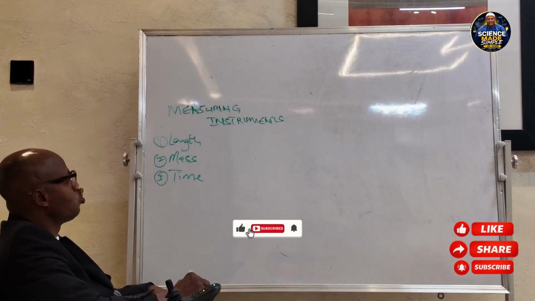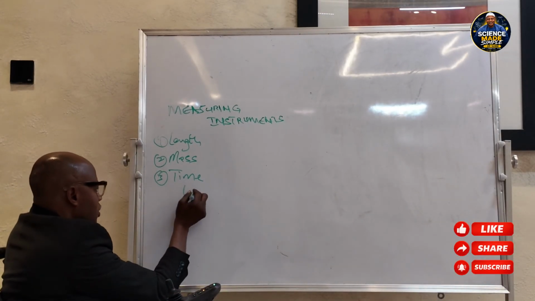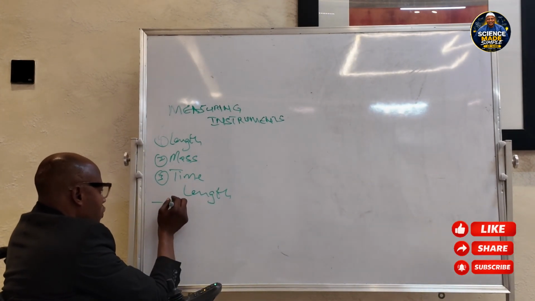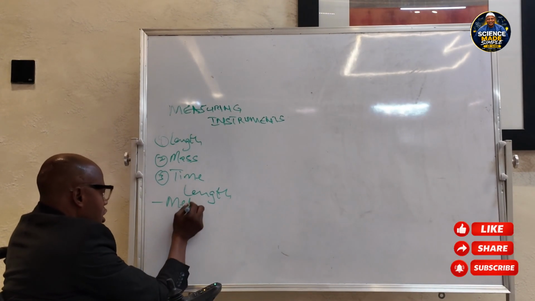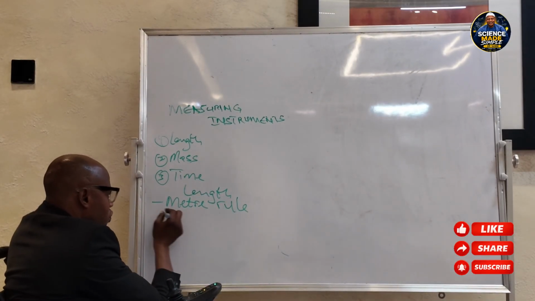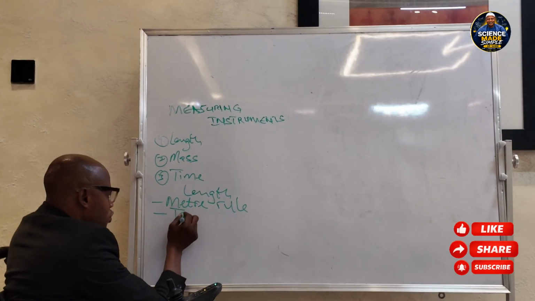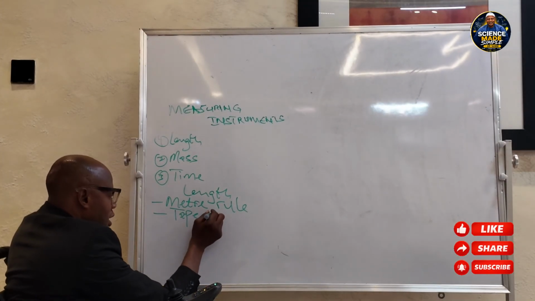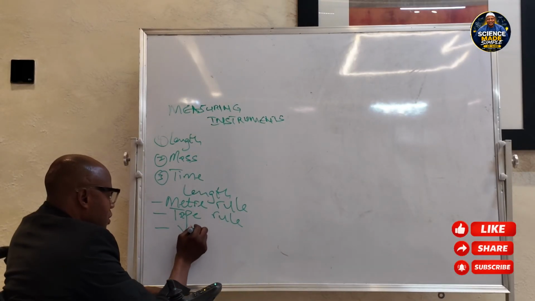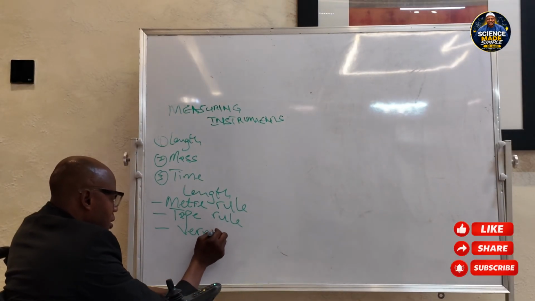For the instrument used to measure length, we can make use of our meter rule, the one we have in our mathematical set. We can make use of our tape rule for longer distance. We can make use of our Vernier Caliper.